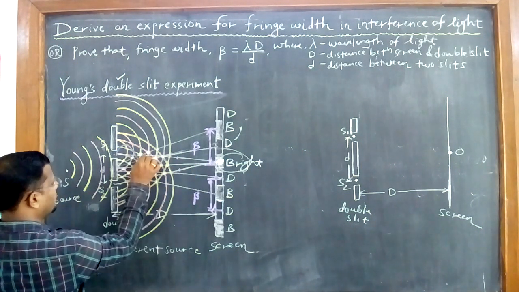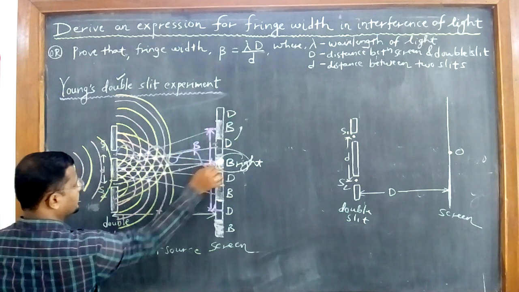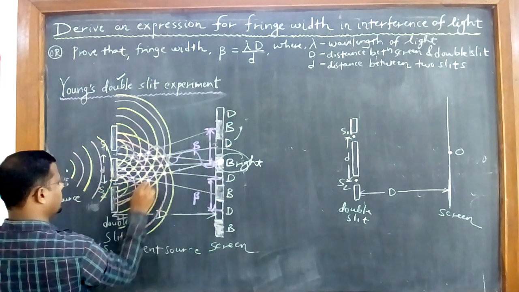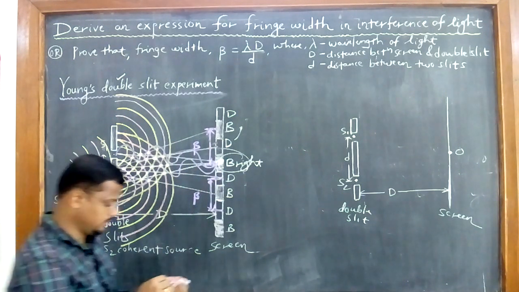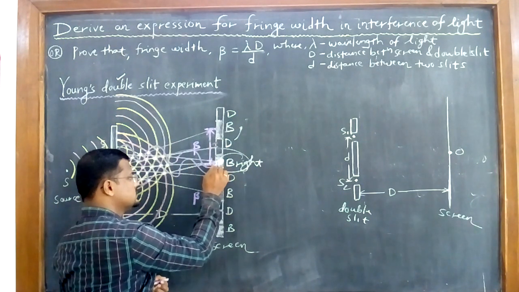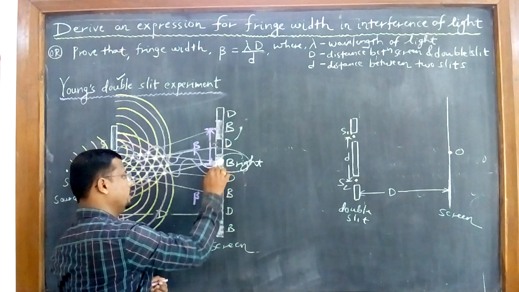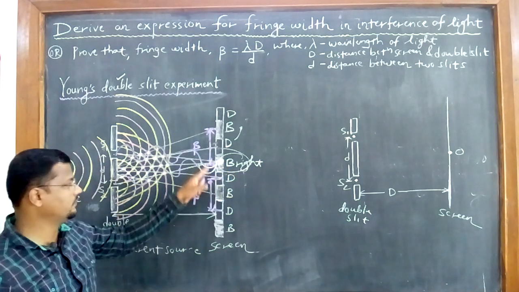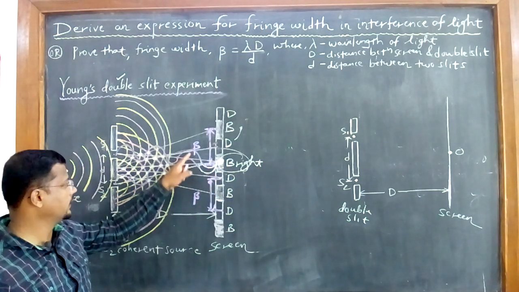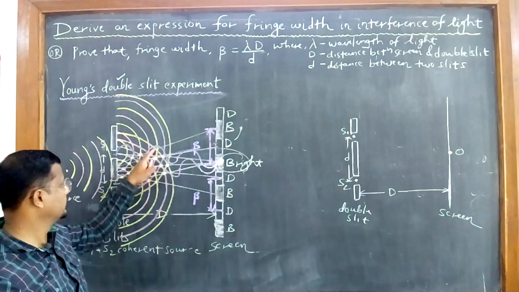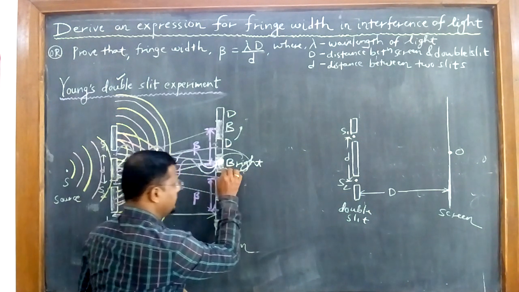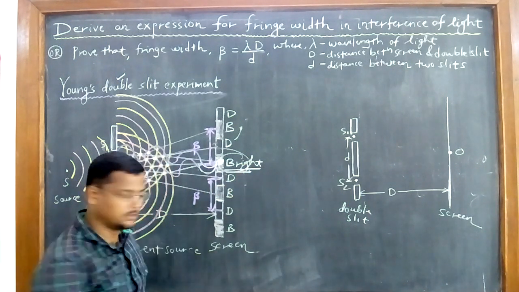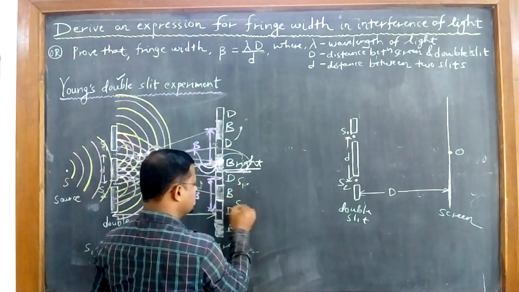So 1 wave, 2 wave, this is 3rd wave. Here also this is 1 wave, 2 wave, third wave. So what is happening here at this point? Is the crest of one wave going to fall on the crest of another wave, trough on trough? So crest with crest, trough with trough will have constructive interference. We have seen this diagram. Have you seen this diagram or not in my previous class?